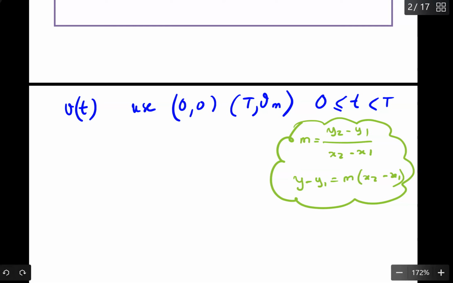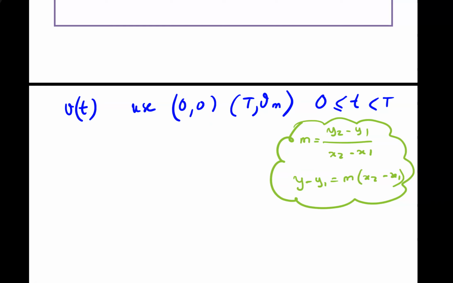I'm going to identify my points, or we can just simplify it by saying (x1, y1) and (x2, y2).